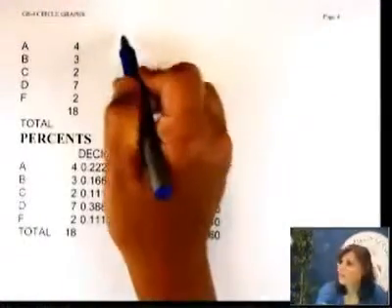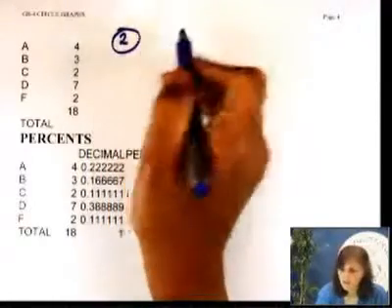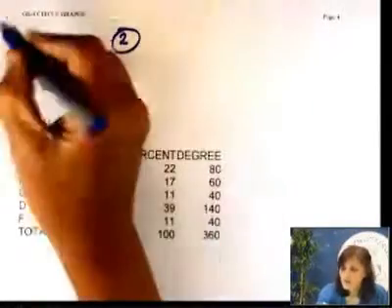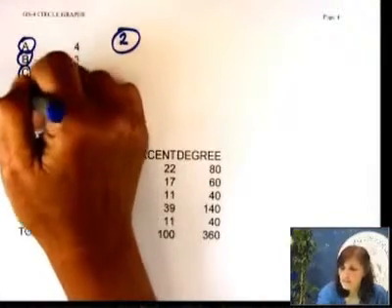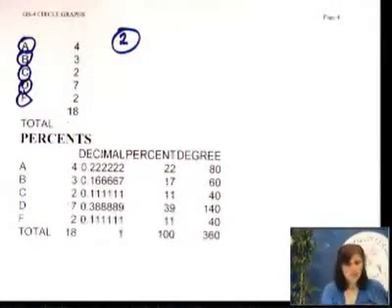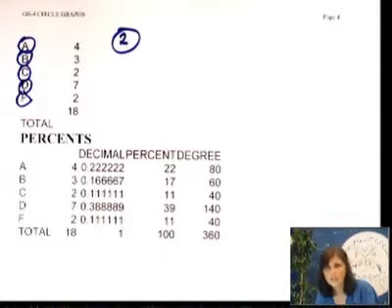The second thing that I wanted to decide is the categories. I said, okay, my categories are going to be, I want to see A's, B's, C's, D's, and F's. These are my categories. I want to see the percent of the students who got A's, B's, C's, D's, and F's.